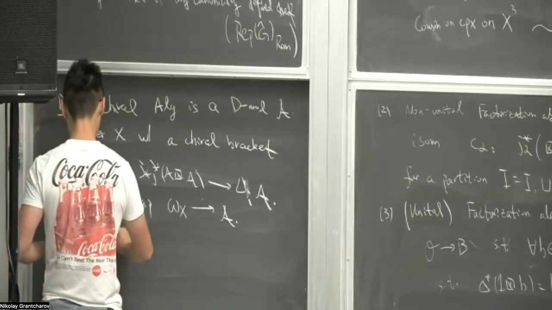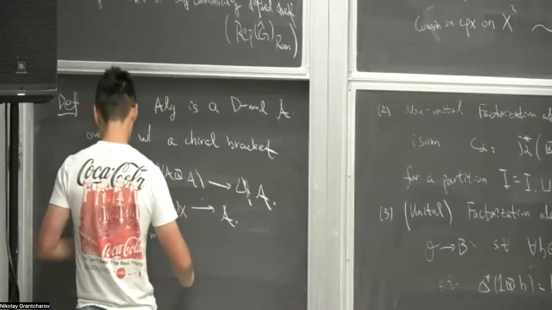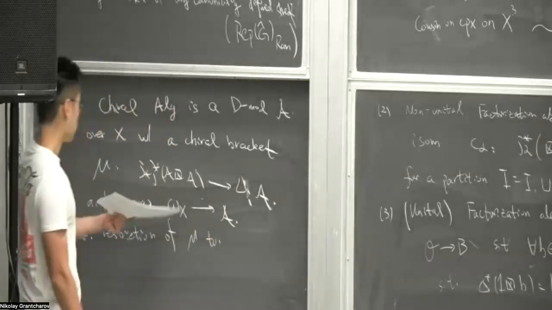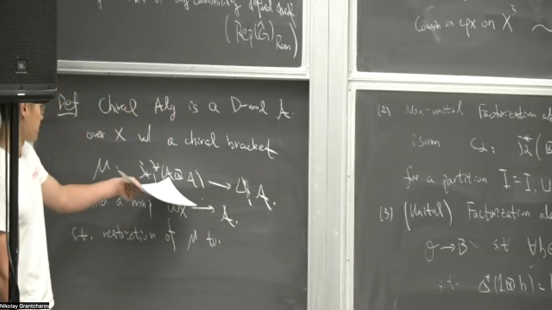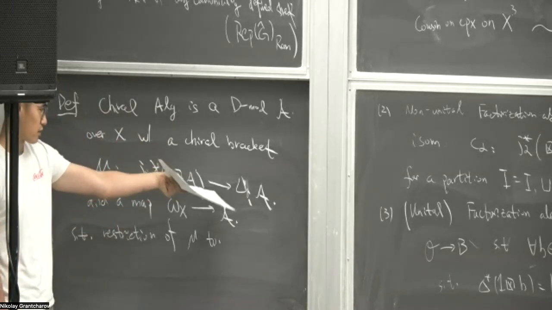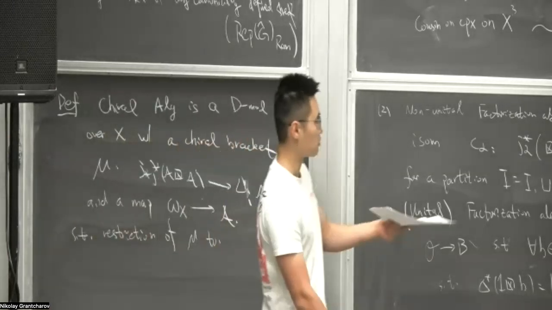So the restriction of mu, this product: I have an omega x to A, I replace this A box A by omega x box A, I go to delta lower shriek of A. What should it be? It should just be the one coming from down.